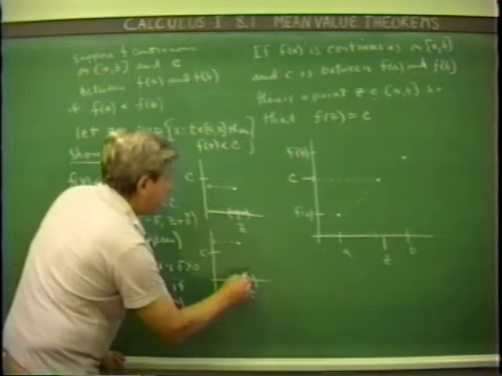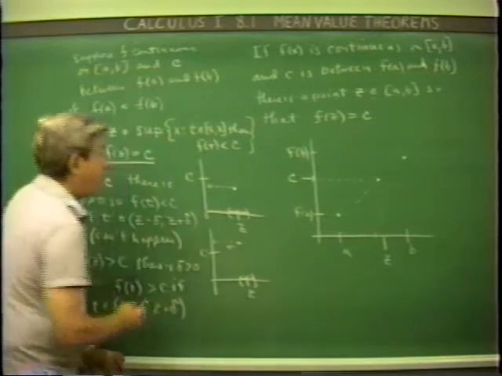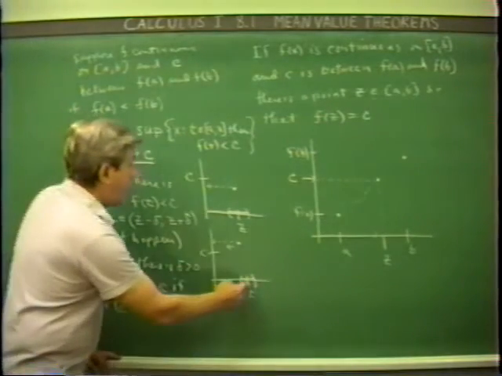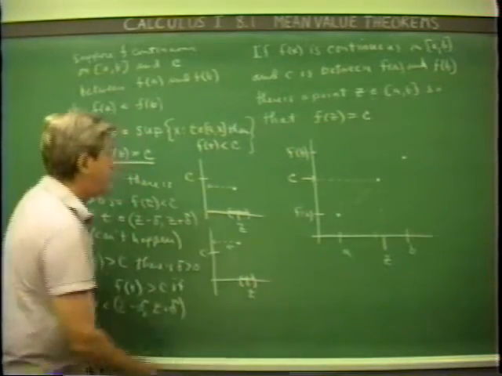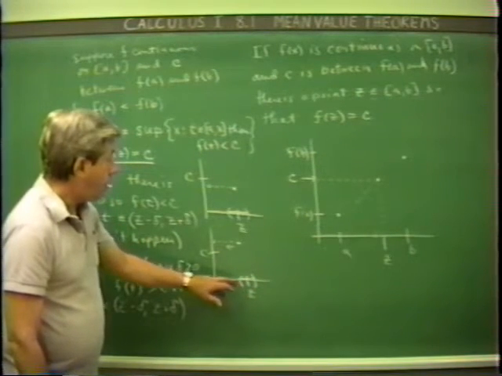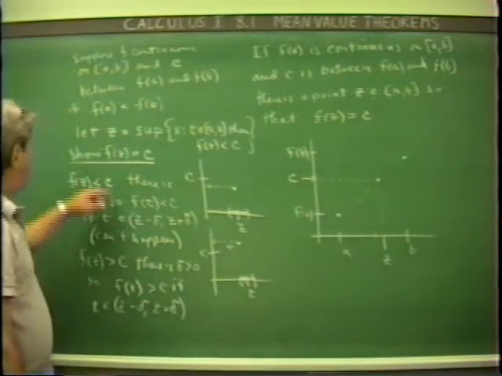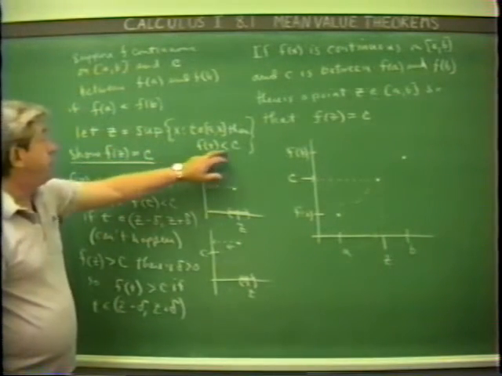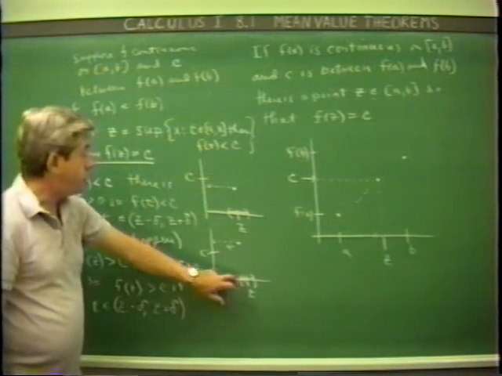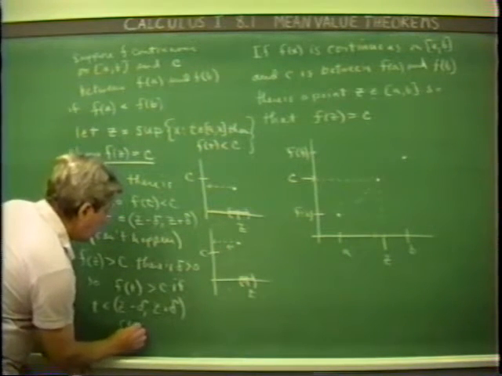So all of these values here would have to map to something larger than C. But that's not possible because z supposedly was the least upper bound, and these numbers back here are not numbers for which f of t is less than C for all smaller t. So this can't happen.